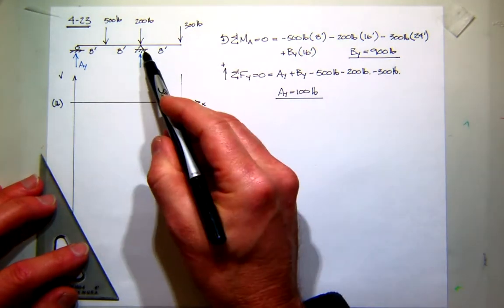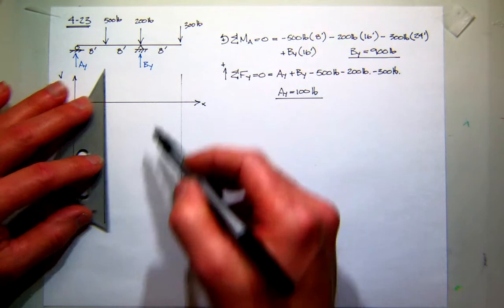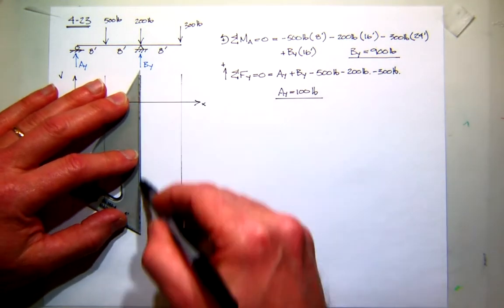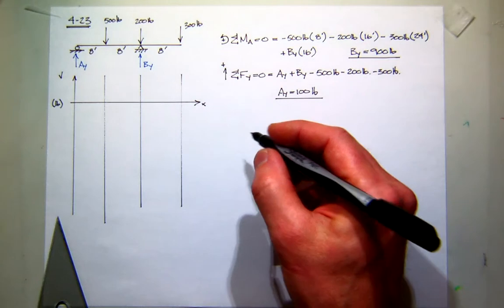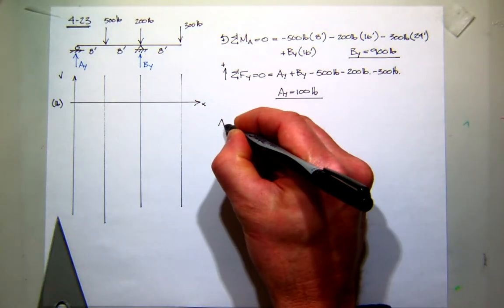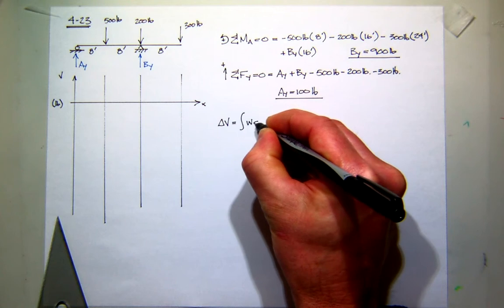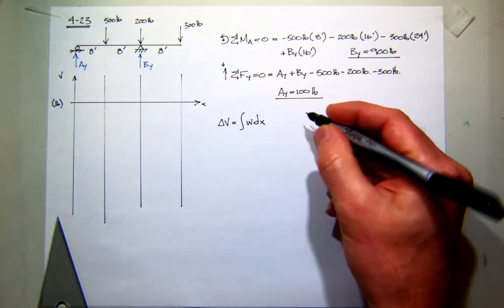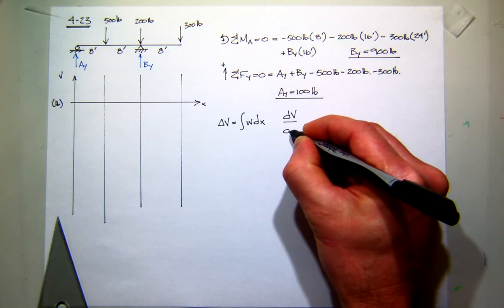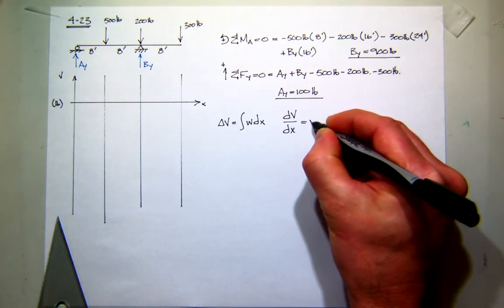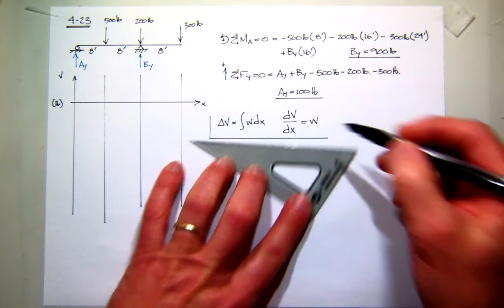We also know that the applied points are going to be transitions in our shear diagram, so I'll include those in my template. Now don't forget our basic rules: the change in shear is the area under the load diagram, and the derivative of the shear diagram is equal to the load. These are the two things we always use to build our shear diagram.